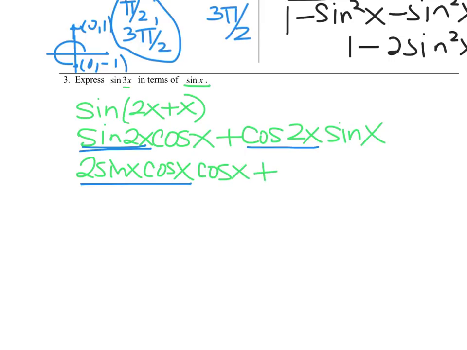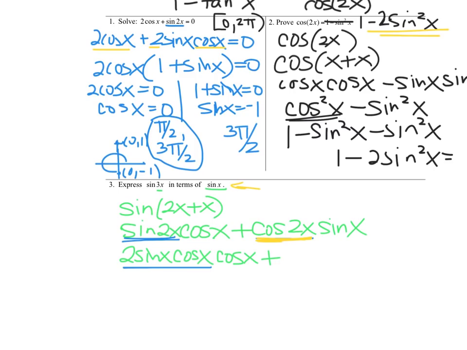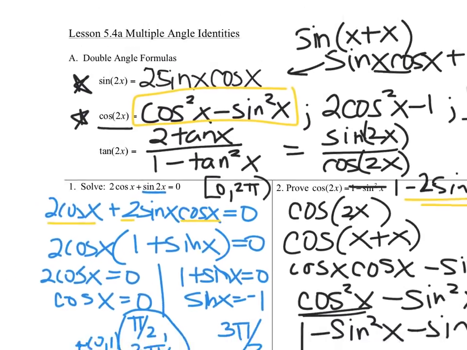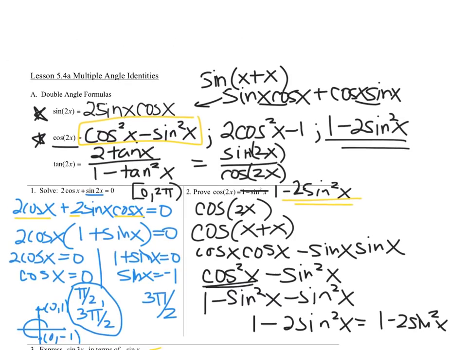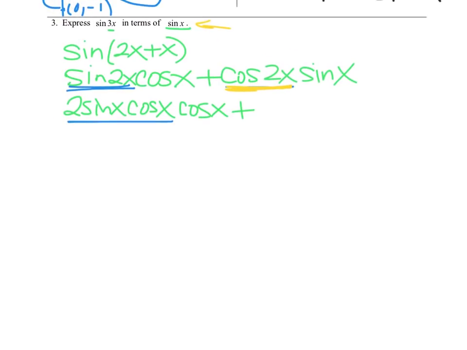Plus, now I need to get rid of this cosine 2x. Since I'm aiming for everything in terms of sine, that's the hard part about cosine of 2x. Which one do I use? There are 3 of them up here. Since I'm trying to get everything in terms of sine, I'm going to use 1 minus 2 sine squared x this time. So I get 1 minus 2 sine squared x times sine x.